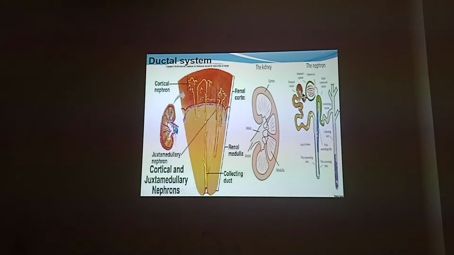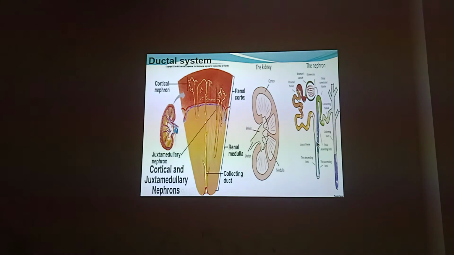After that, this is the proximal convoluted tubule, where my cursor is going. It is very lengthy and, you can say, folded in nature. Now comes the loop of Henle. It has a thick segment. Here is the thick segment and this is the thin segment. And here is the loop.